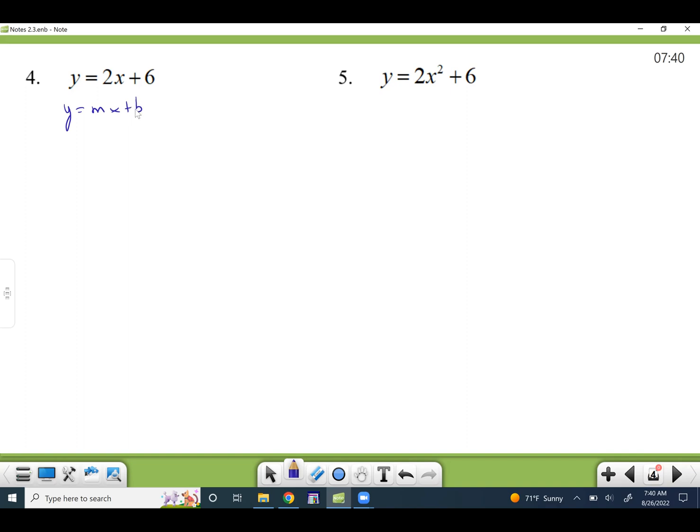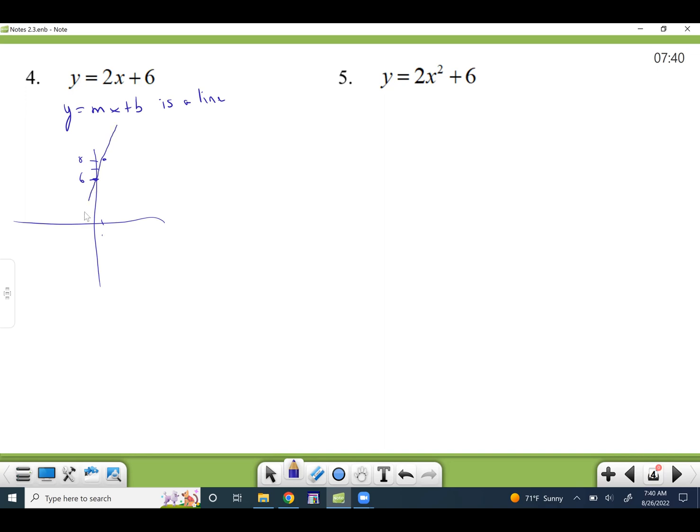Remember that y equals mx plus b is a line. The last number is the y-intercept, so I know it goes through 6. And the 2 would be the slope, so it would go up 2 and then over 1. So from this dot, it would go up 2, over 1, and you'd have a line.